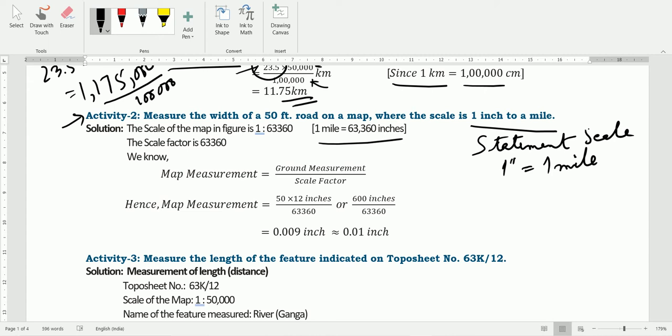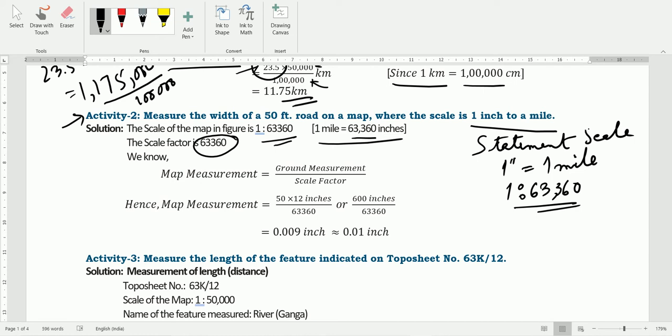So if we convert the statement scale into representative fraction, it is 1 is to 63,360. Okay, so in this way we are converting it into RF. Since 1 mile is equal to 63,360 inches, the RF of the map is 1 is to 63,360. That means the scale factor is 63,360.